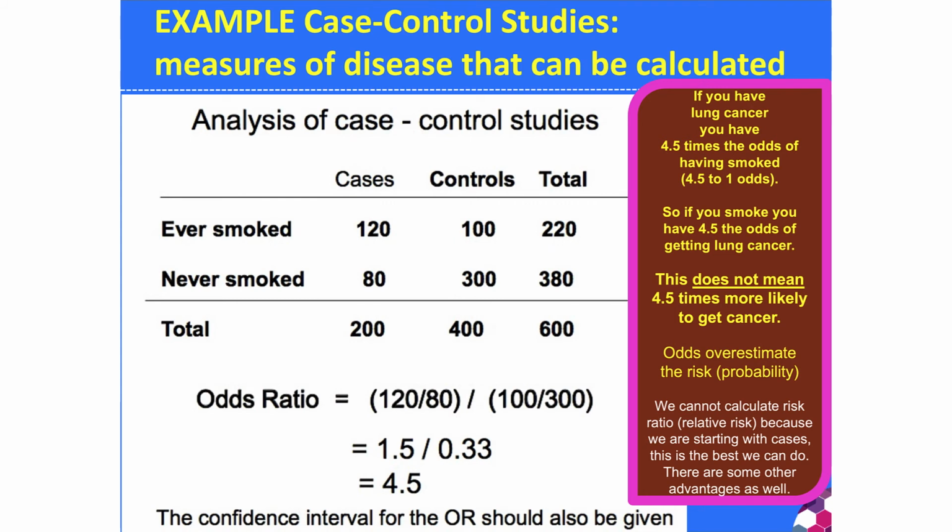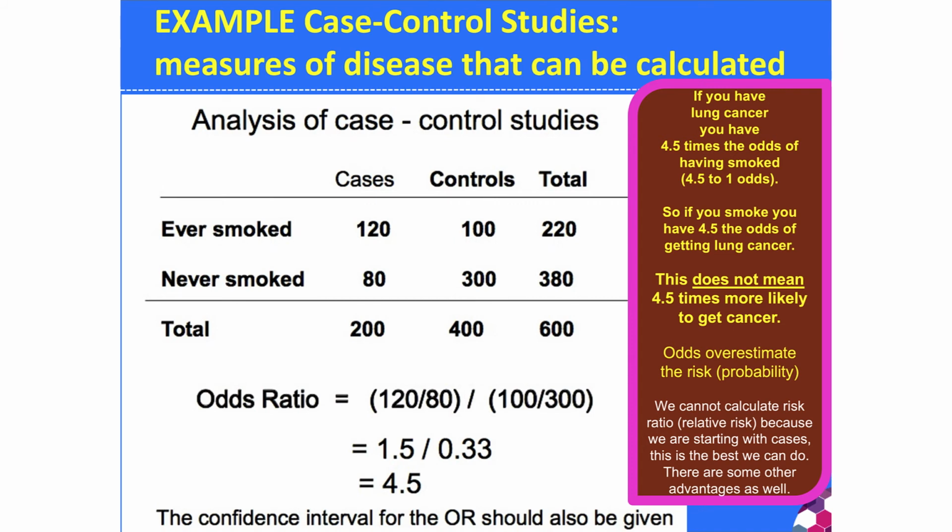And you can turn that around and say, if you smoke, you have 4.5 times the odds of getting lung cancer. This does not mean you're 4.5 times more likely or more at risk of getting lung cancer. Remember, odds overestimate the risk.